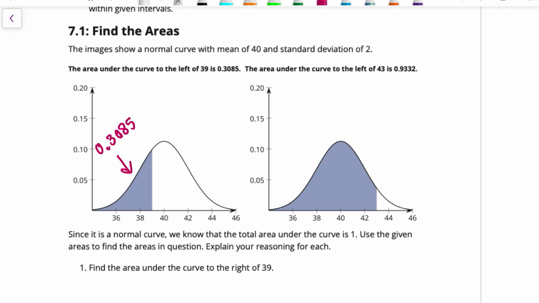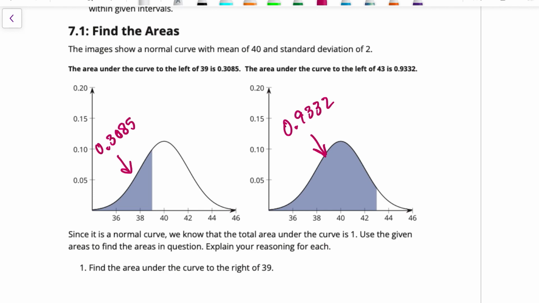And then on the other diagram, the area under the curve to the left of 43 is 0.9332. So about 93% of the data is to the left, or is less than 43. All right, so find the area under the curve to the right.